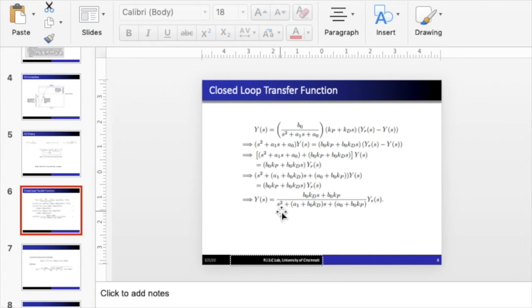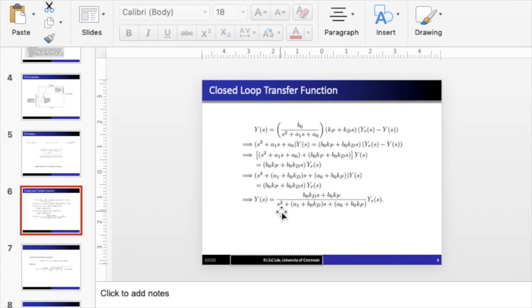Yes. So that's multiplied by s, yes. So now all we have to do is compare the coefficients of this with the closed loop thing. So we have A1 plus B0 KD equals 7, and A0 plus B0 KP equals 12.